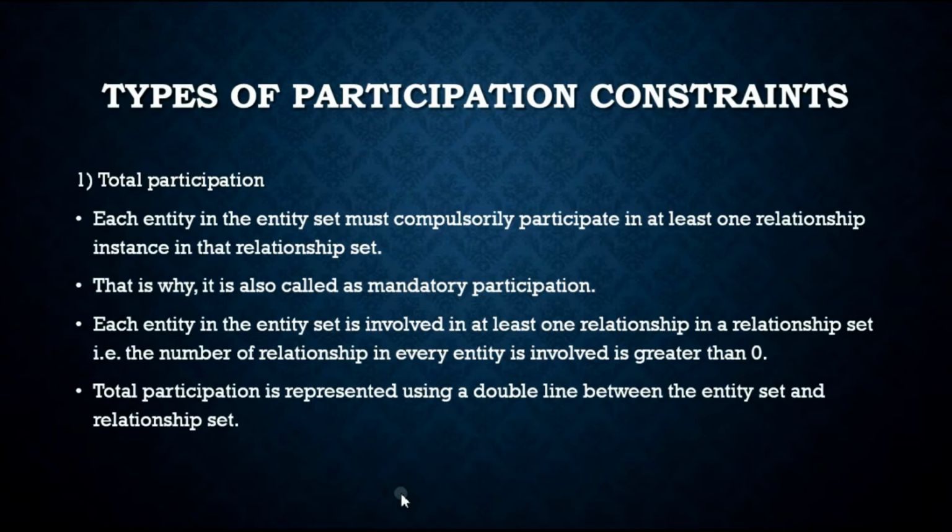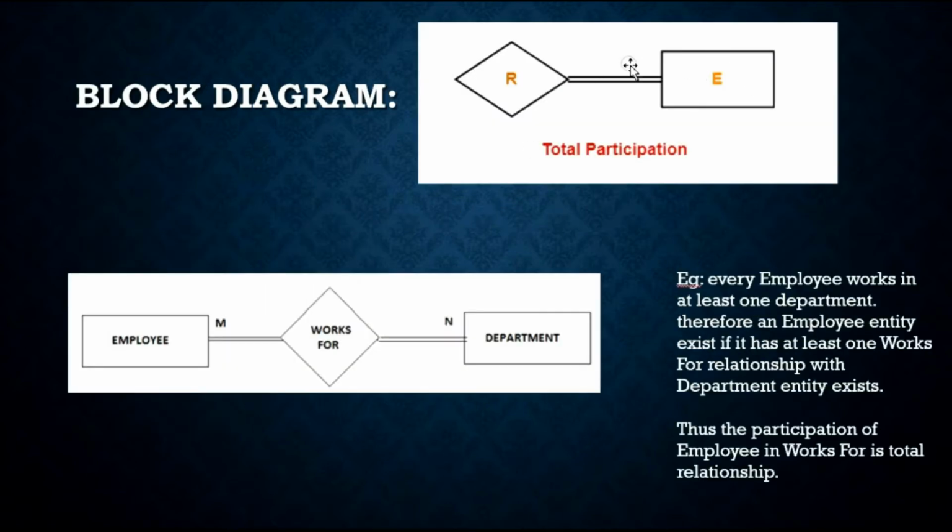When we represent total participation in an ER diagram, we represent it using double lines. This is a block diagram which helps us understand how it is represented with two lines.